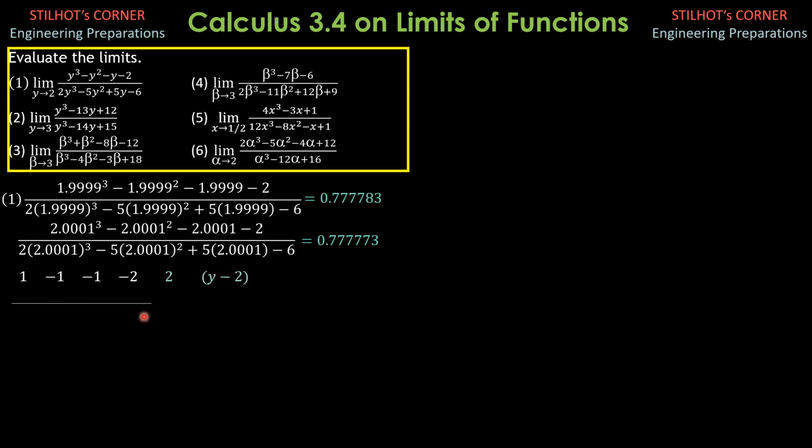We draw this horizontal line. Remember, bring down 1 here. Then 2 times 1 is 2, put it here, then add, so 1. 2 times 1 is 2, put it here, add, so 1. Then 2 times 1 is 2, then add, that's 0. Since this sum is 0, that means 2 is a root and the factor is y minus 2.